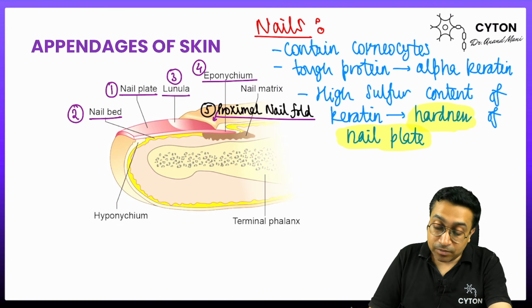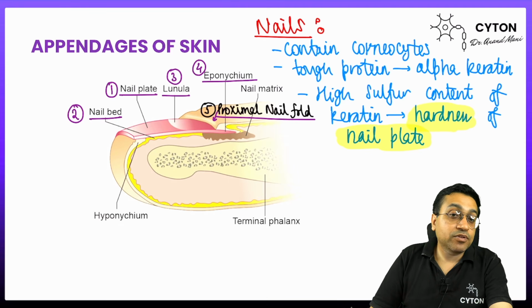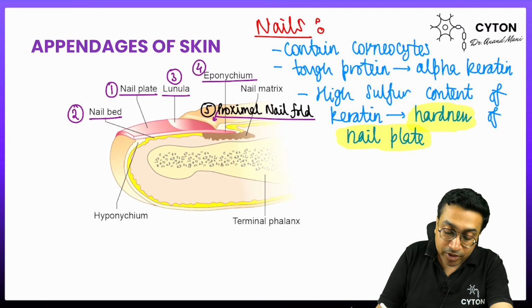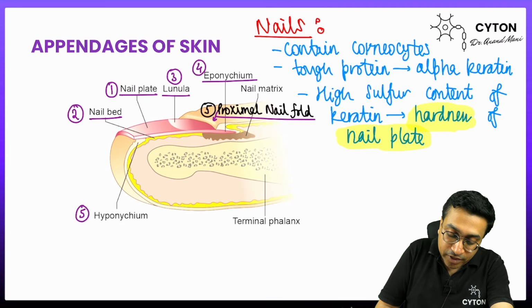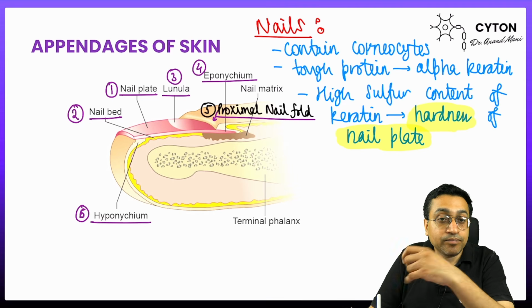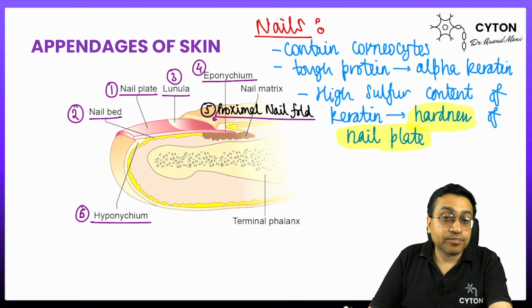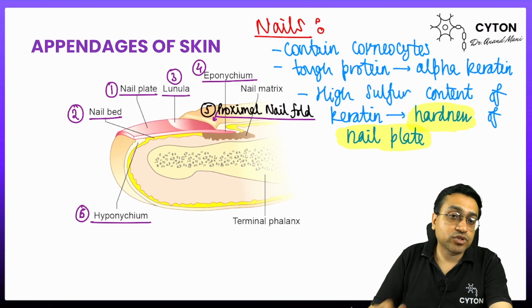So then there is something known as hyponychium. Also, eponychium is there so hypo will also be there. Hyponychium is the part of the stratum corneum epidermis that lies under the free edge of the nail plate. So that number 6, that is the hyponychium. It is again part of stratum corneum only, but it is under the free edge of the nail plate.